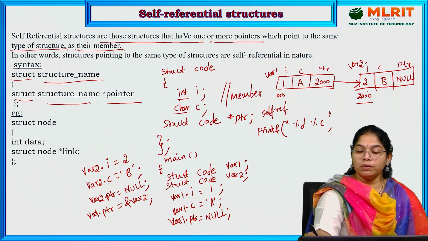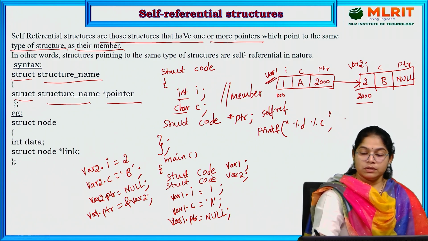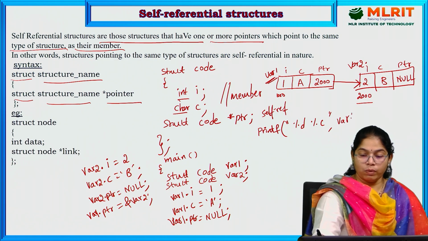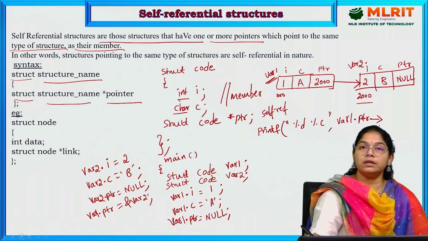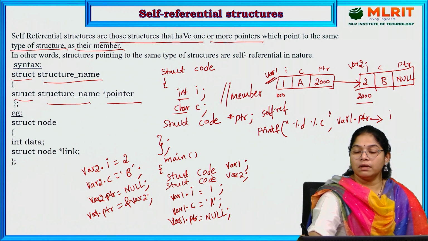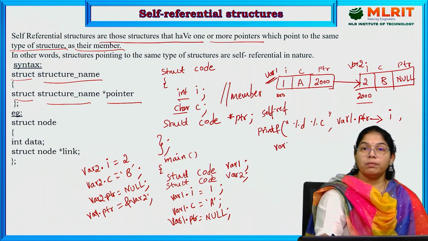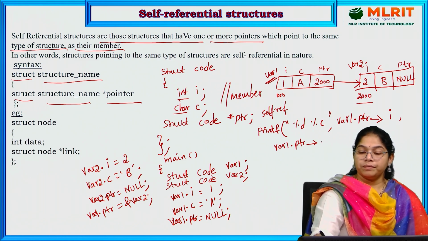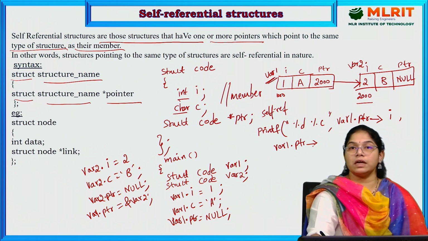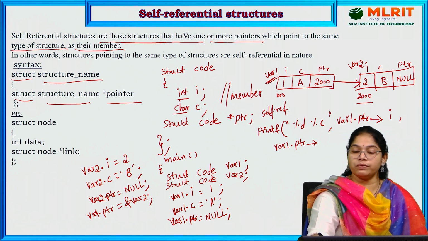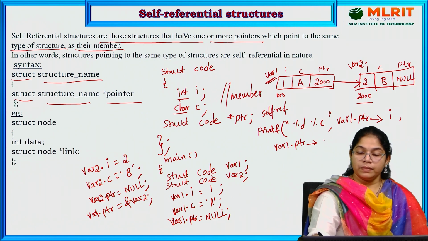But I want to fetch the values using variable 1. So I write var1.ptr using the access operator, then i, comma, var1.ptr, using the arrow operator, which is the access operator used to fetch values whenever we are using a pointer. Then c.